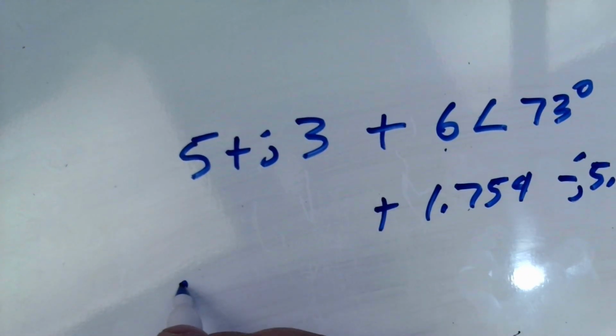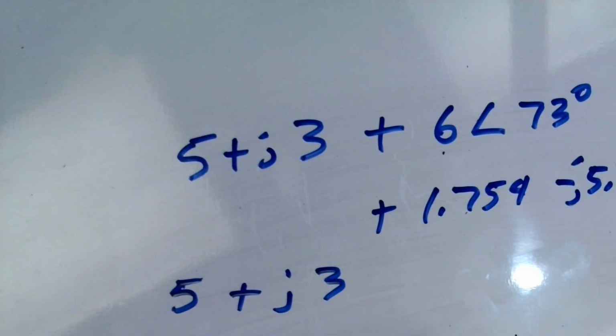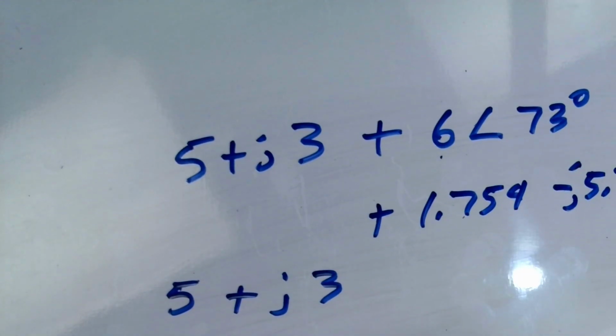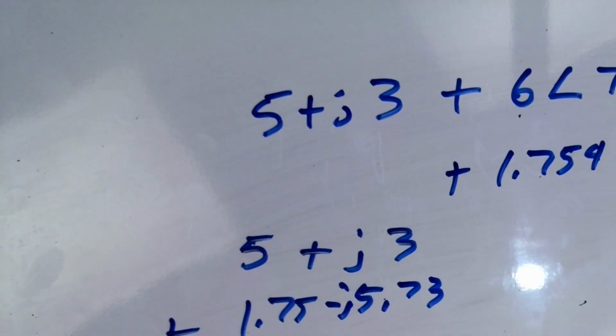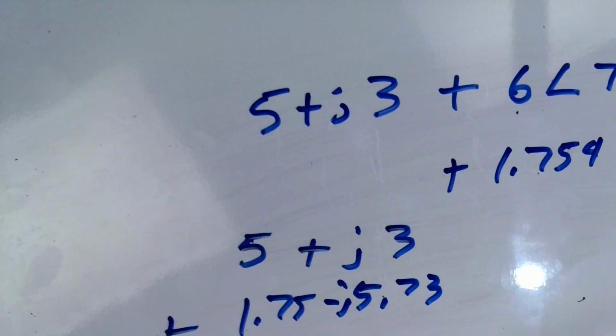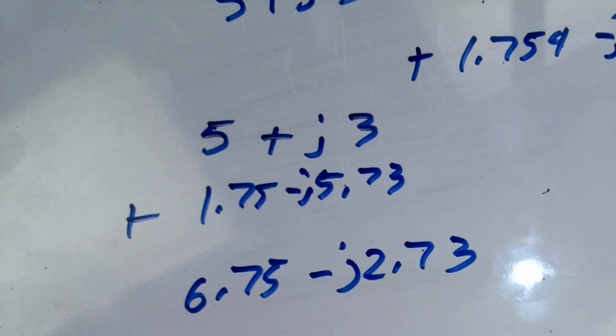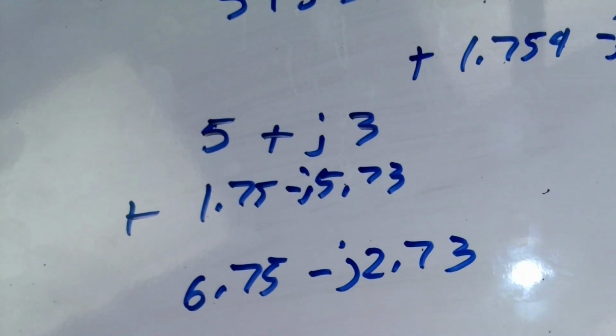So now I can do this one. I can say 5 plus J3 plus 1.75 minus 5.73, and I end up with 6.75 minus 2.73 J, right? So once you convert it from one format to the other, then you can do the math.